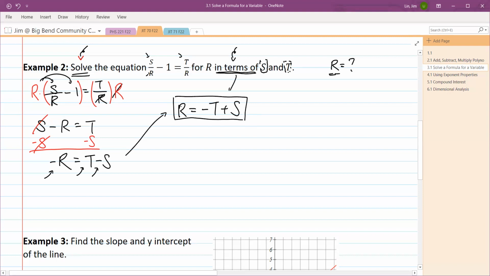So now you see what the answer looks like. Solve for r: we isolate r on the left-hand side, and that equation of r is indeed in terms of t and s. Are t and s included on the other side? Yes, they are.